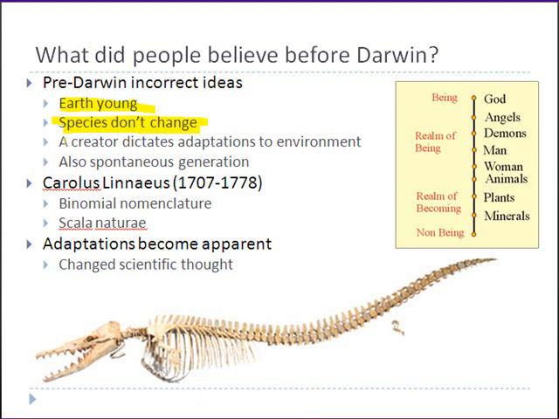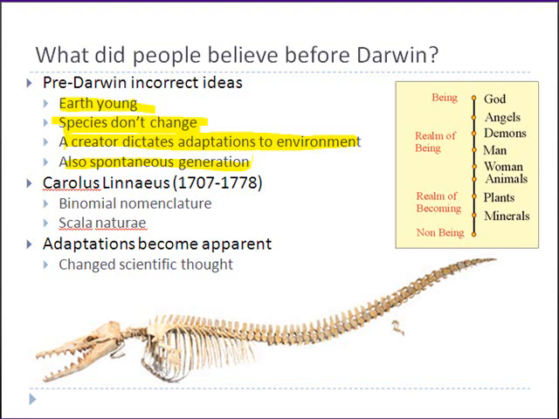The belief was that a creator dictated adaptations to the environment. In other words, some higher power was controlling what kind of change an organism made in order to better survive in its environment. And they also, for many years, had believed in something called spontaneous generation. Spontaneous generation is basically the idea that living organisms can sprout from an inanimate object.